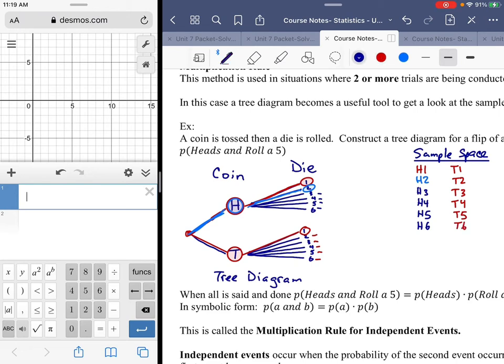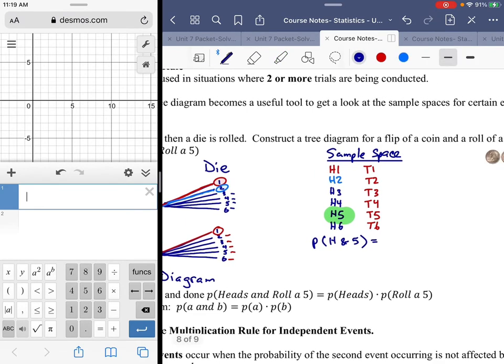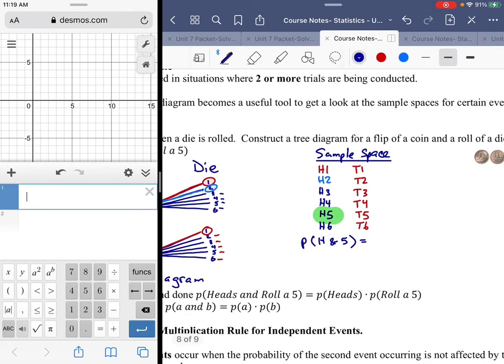So looking at that, we can make a determination. You say it's probability of getting a heads and rolling a 5. We could look at that as saying, okay, well, isn't that really the same as this outcome? We get a total of 12 outcomes here. Count them all up: 1, 2, 3, 4, 5, 6, 7, 8, 9, 10, 11, 12 outcomes, one of which is the one that we want.